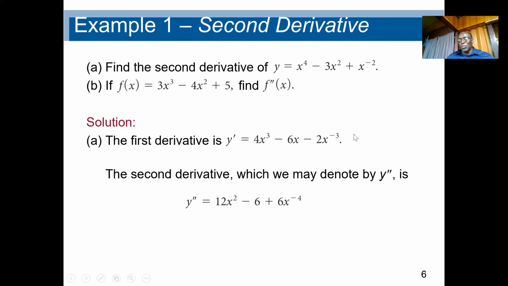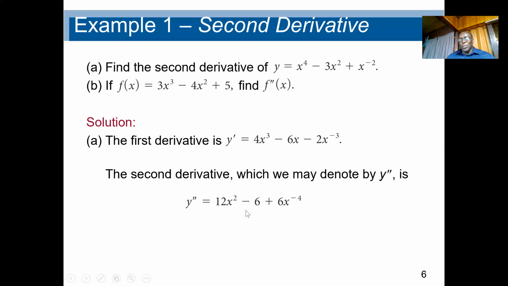And minus 3 minus 1 will give me minus 4. So we get plus 6s to the power negative 4. So this will be the second derivative, 12s squared minus 6 plus 6s to the power negative 4.